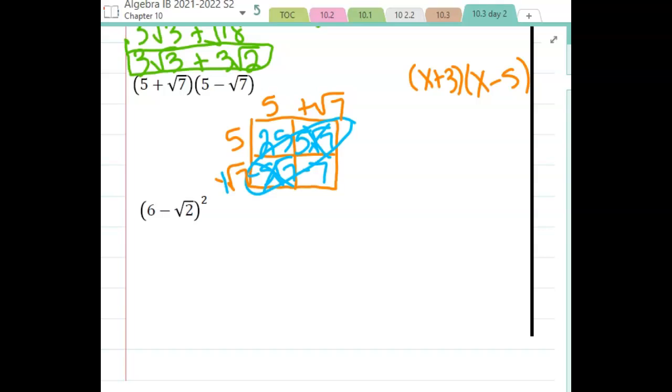And here's the thing, if we would have been paying a little closer attention, we may have been able to predict that was going to happen. Because if you look, what I was multiplying, 5 plus the square root of 7 and 5 minus the square root of 7, this is the same thing as when I did x plus 3 and x minus 3, or x plus 5 and x minus 5, or 2x plus 10 and 2x minus 10.